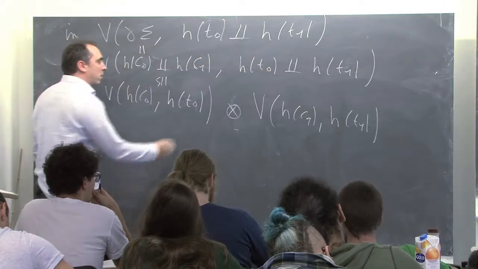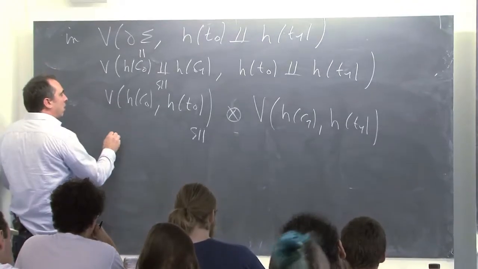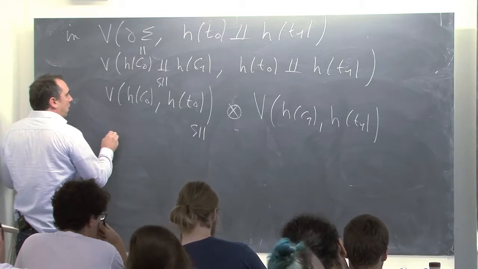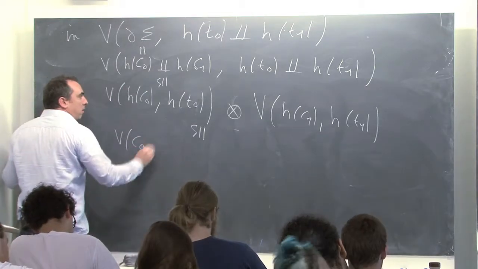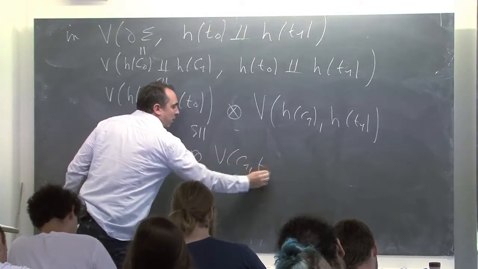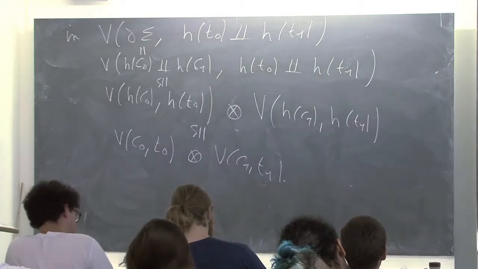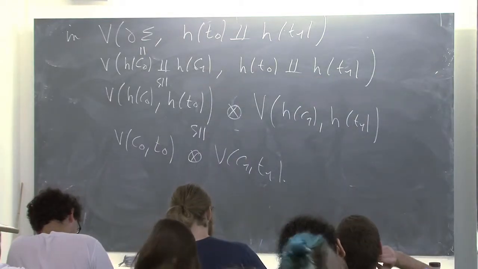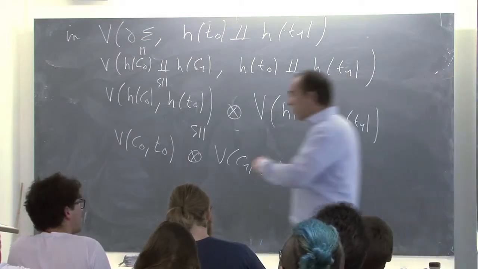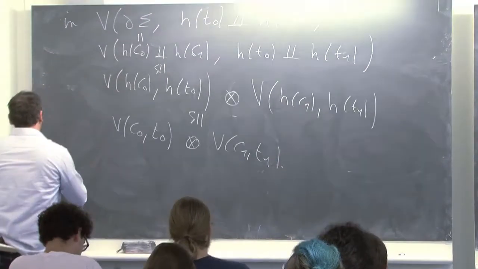And of course, this is isomorphic to V of C0, T0 tensor V of C1, T1. Okay, so if you have a cobordism, you have a vector in this space. A cobordism whose incoming and outgoing boundary are triangulated.